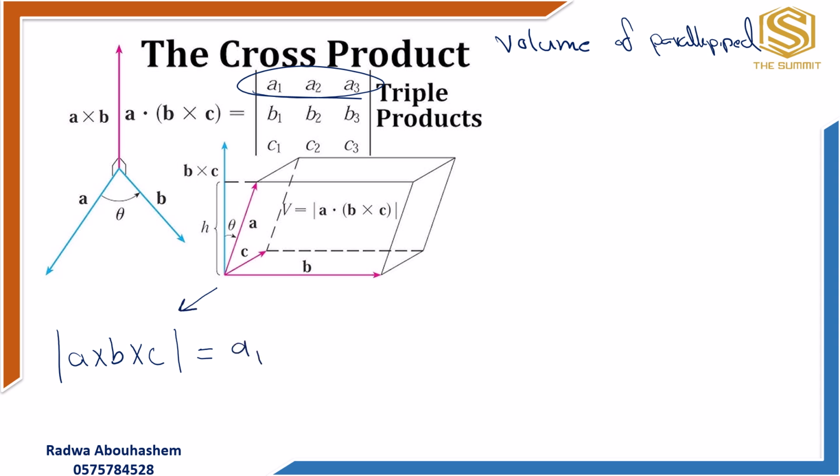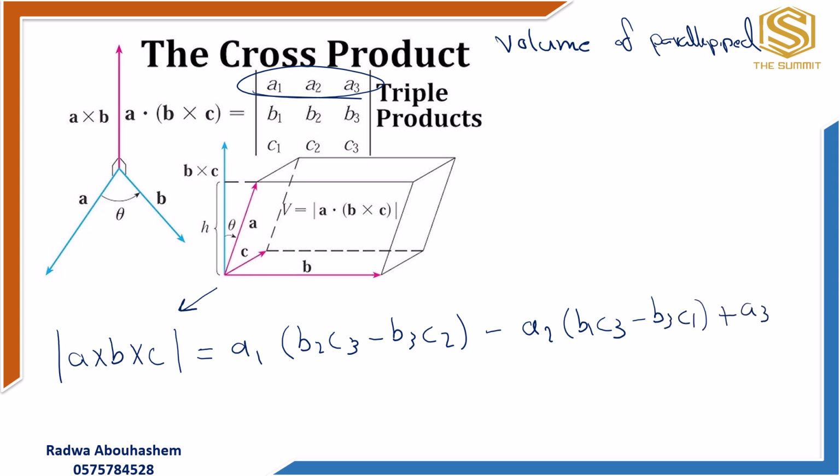Here, A1 times B2C3 minus B3C2, minus A2 multiplied by B1C3 minus B3C1, plus A3 multiplied by B1C2 minus B2C1. This is how you could get the triple product to get the volume of the parallelepiped. And this is the absolute value.